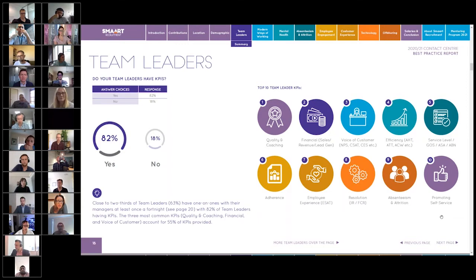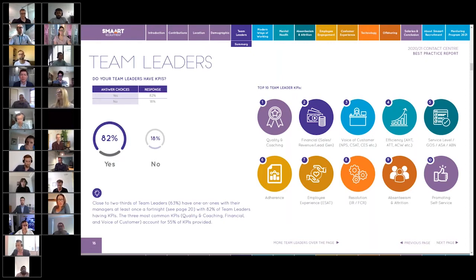The KPIs are organized from the most common to the least common. The first thing I would note, on the left, is that almost 1 out of 5 team leaders don't have KPIs. That just means straight away there's an opportunity there. If we don't have clear KPIs, we're not providing that direction and focus.